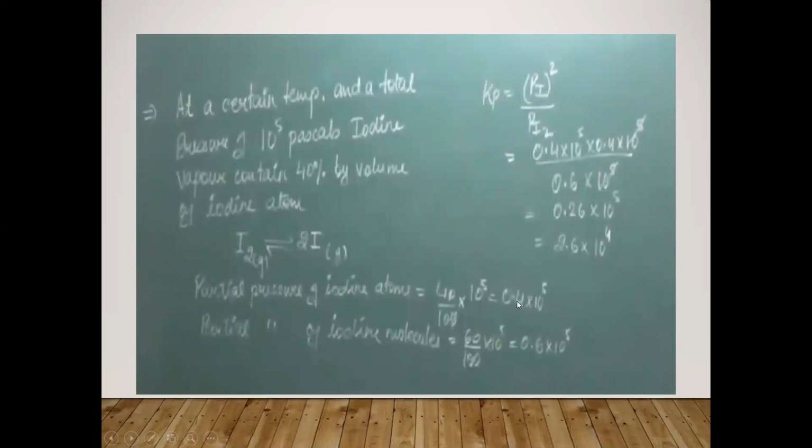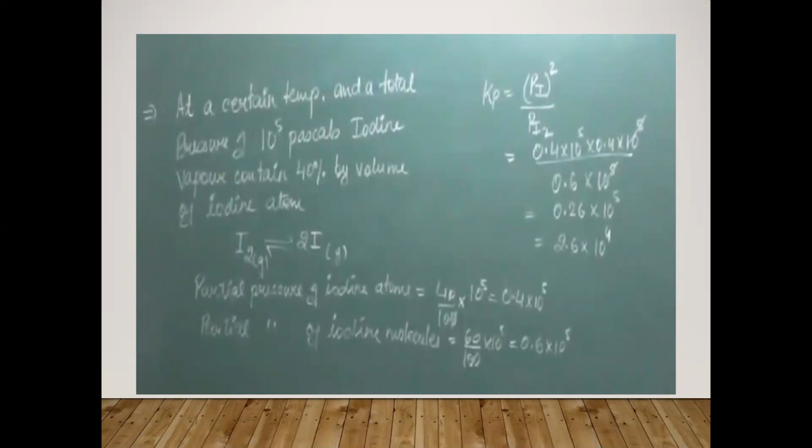We have calculated 0.4 into 10 to the power 5, so 0.4 into 10 to the power 5 into 0.4 into 10 to the power 5. And the partial pressure of reactant, that is iodine molecule, is 0.6 into 10 to the power 5. We will calculate this and the answer will become 2.6 into 10 to the power 4. Clear?